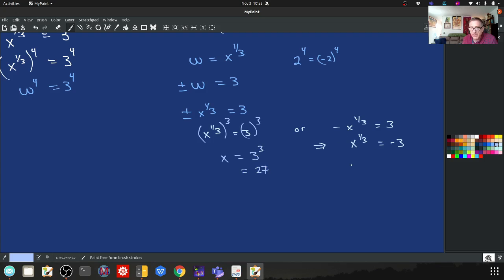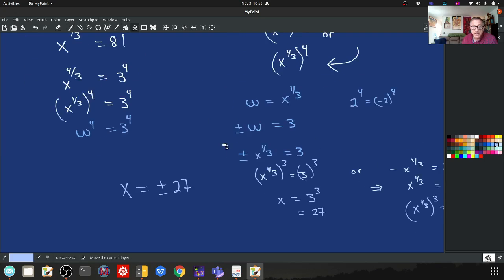Over here, we're going to do the same thing. x to the 1/3 raised to the 3rd power is equal to minus 3 raised to the 3rd power, which is equal to minus 27. So all of that tells us that x is equal to plus or minus 27.